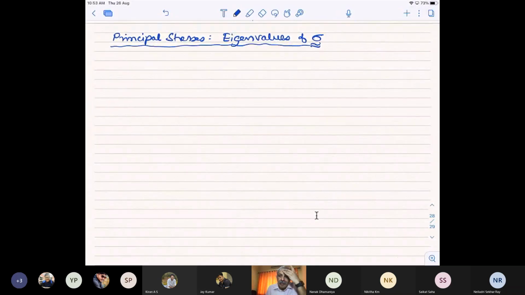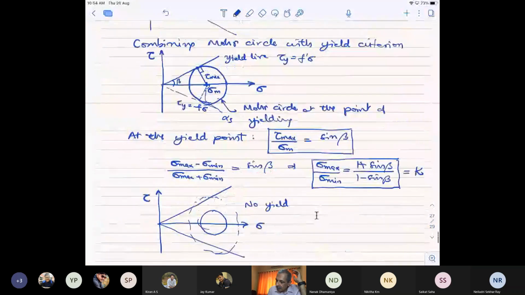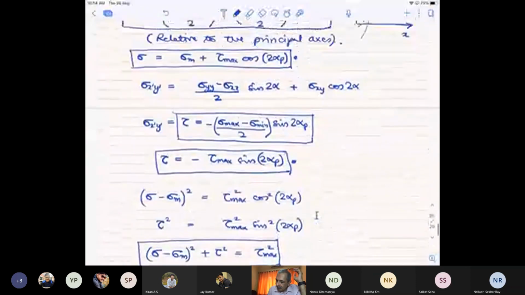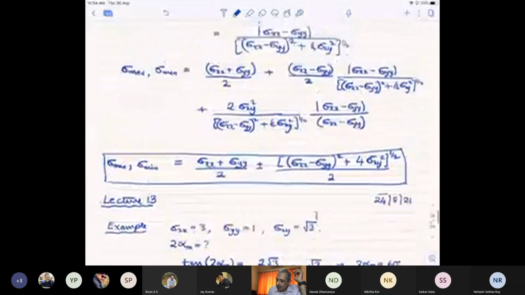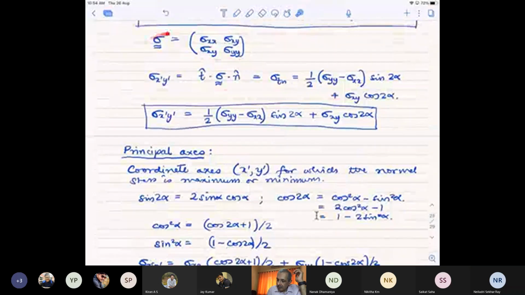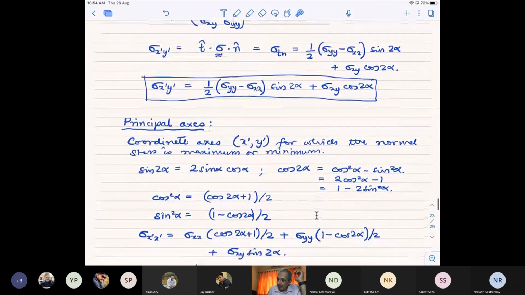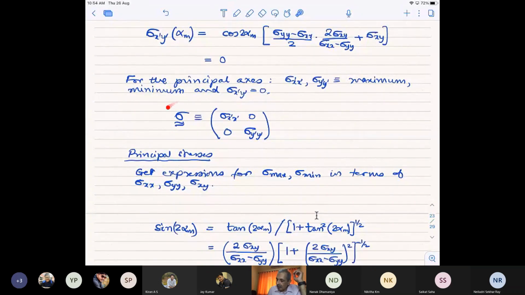So we know that really what we are doing when we do all this Mohr circle business, the main thing that we want to do is we start with, if you remember, we started with this matrix for the stress, and by doing all these derivatives with respect to alpha and all, then in the new coordinate system we transform this into a purely diagonal tensor or a purely diagonal matrix.